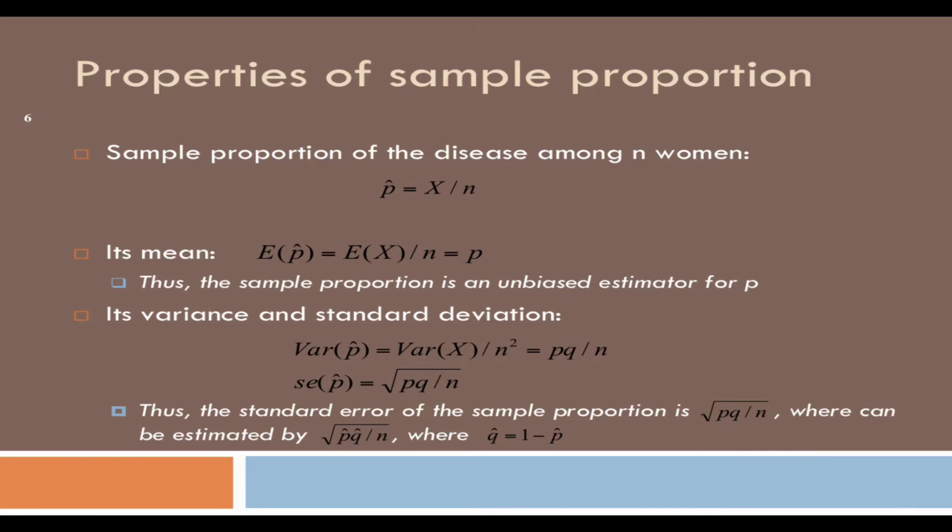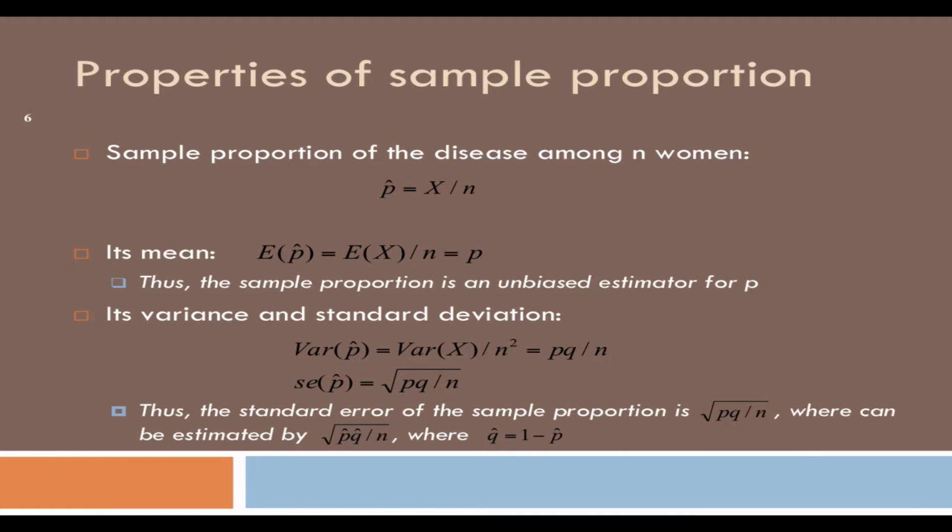Okay, so now we have what we have learned. We are interested in estimating p, and we propose to use p hat, which is defined as x over n, to estimate p. First of all, the expectation of p hat is p, so it's unbiased.